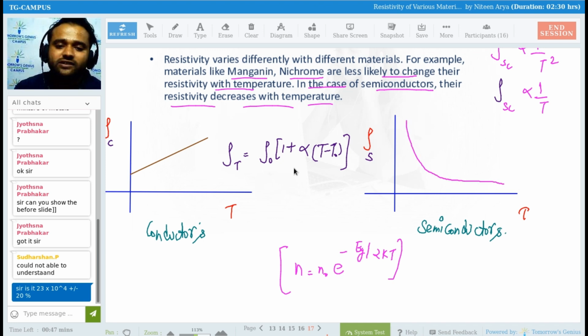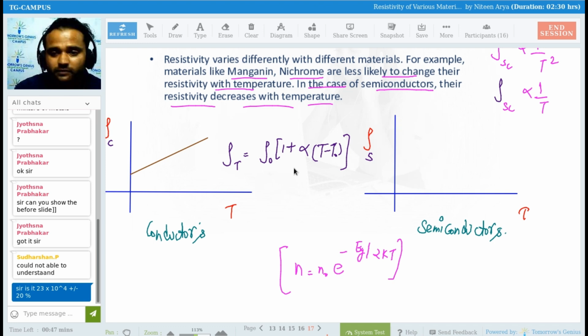This is the concentration of electronic charge carriers in a PN junction where the temperature is more than 0 Kelvin. What is happening with an increase in temperature? More free electrons are generated with temperature, so conductivity increases, which means less resistivity.